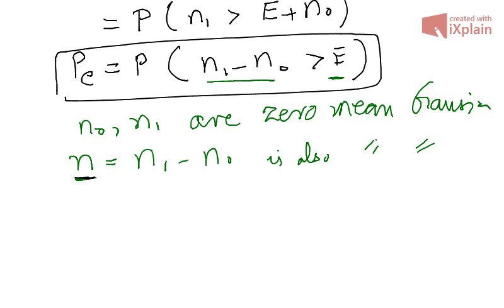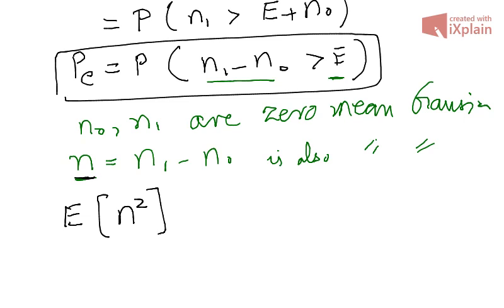So the variance is actually equal to the second moment for a zero mean Gaussian process, which is defined as the expected value of the square of the random variable.